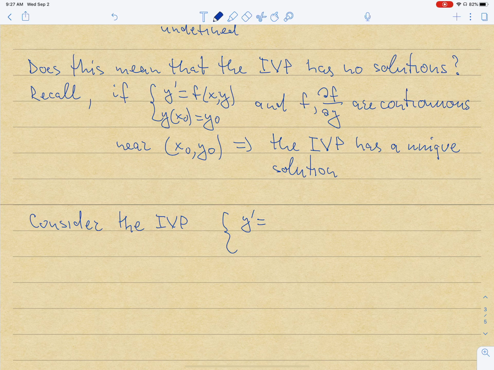Y prime is equal to y sine x, y of 1 equal to 0.